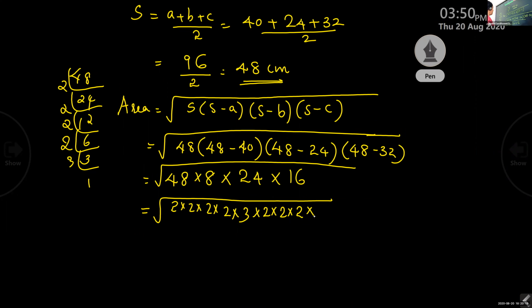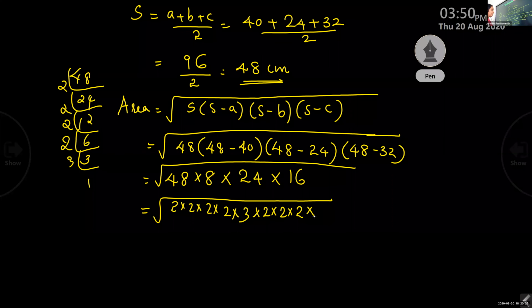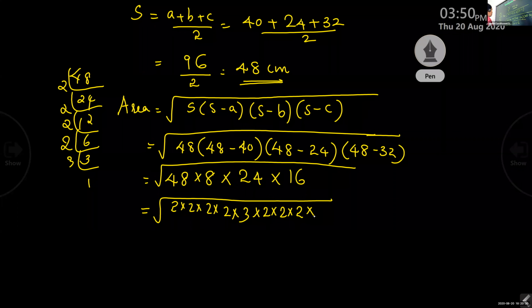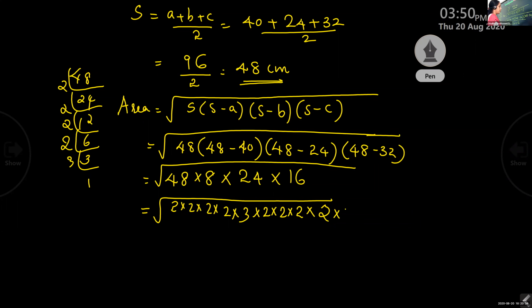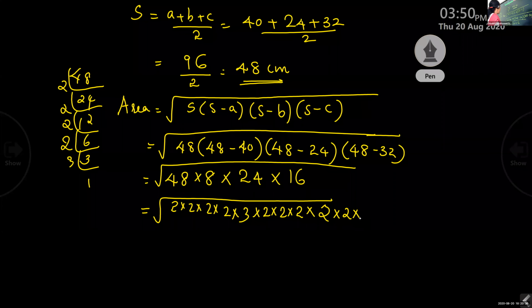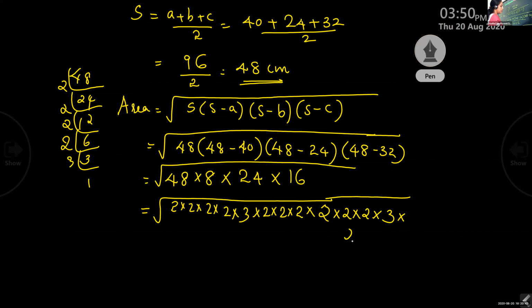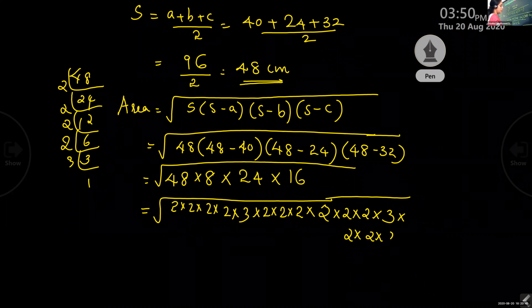And 24 is 2 into 2 into 2 into 3. Since 24 has come, you can write 48 as 2 into 24 also. Now 24 is 2 into 2 into 2 into 3. And 16 as 2 into 2 into 2 into 2.